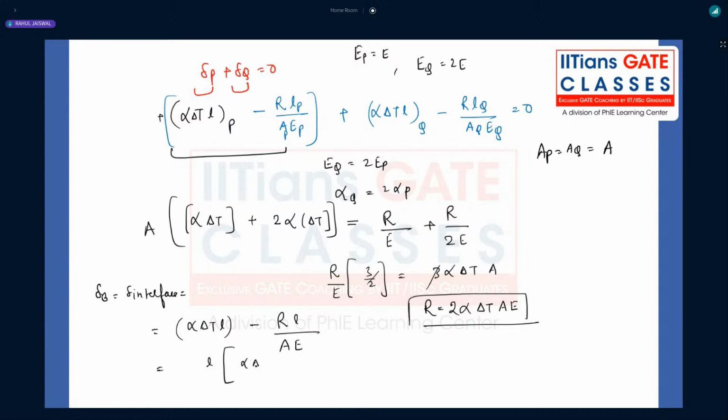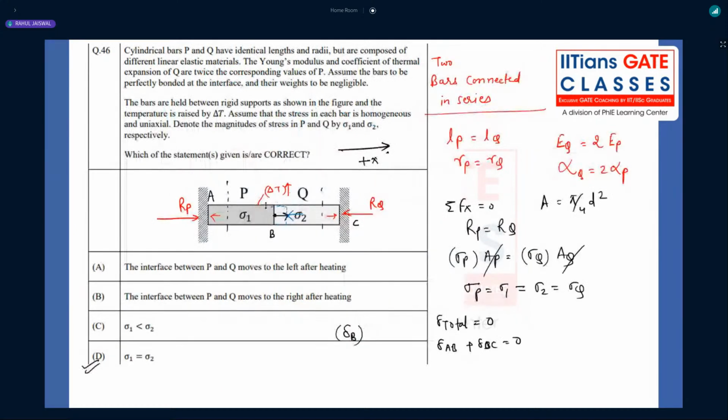So alpha delta T, and what is the value of R? 2 alpha delta T A E divided by A E, right? So if you calculate, this will cancel out. So minus L alpha into delta T, right? What is the meaning of negative? Negative means this interface will move towards the left side.